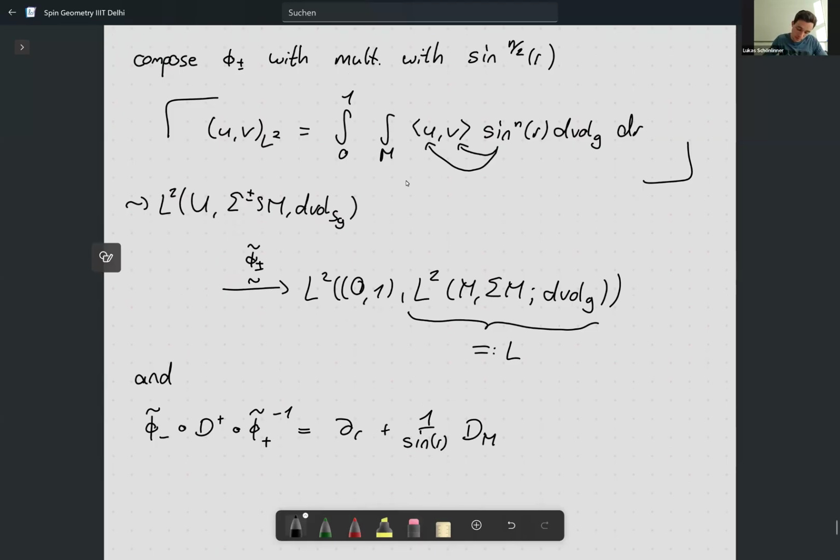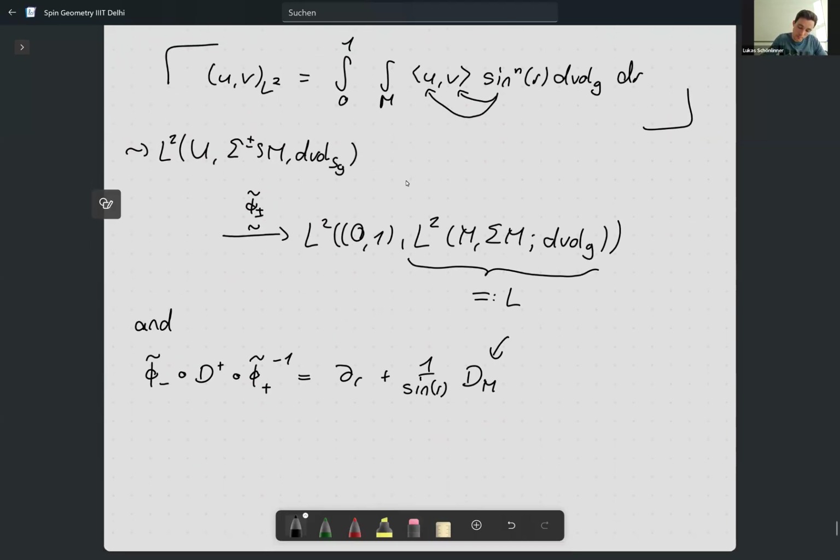Okay, I didn't say this: D_M is the Dirac operator on M.